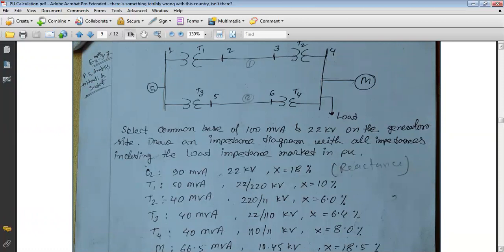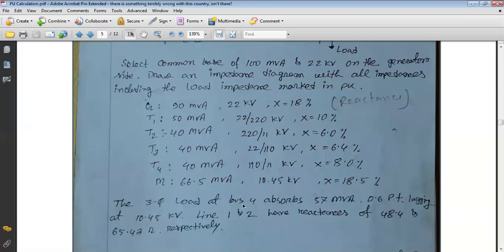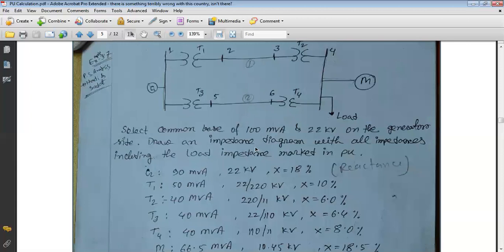Now we need to calculate the per unit value of all of these devices, including the load and transmission line, with the new reference value. One thing you have to understand: the generator reactance is 18%, that is 0.18 per unit, given in the question with the base of 90 MVA power and 22 kV voltage.